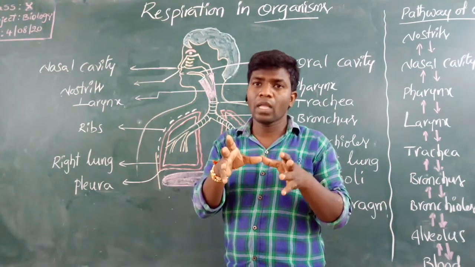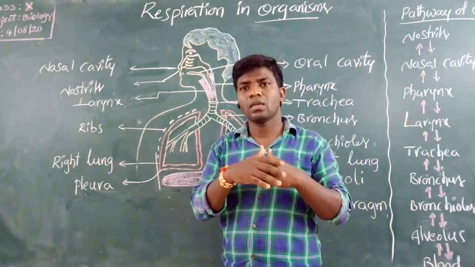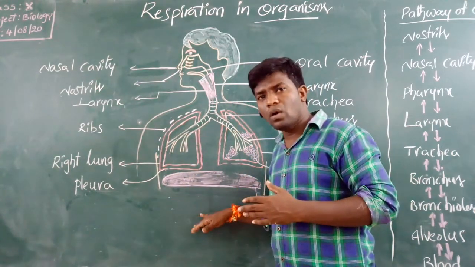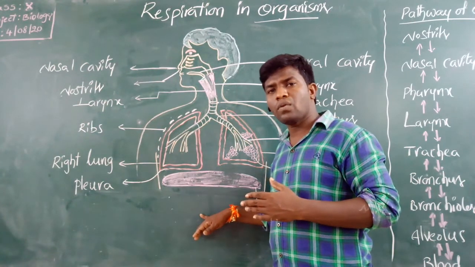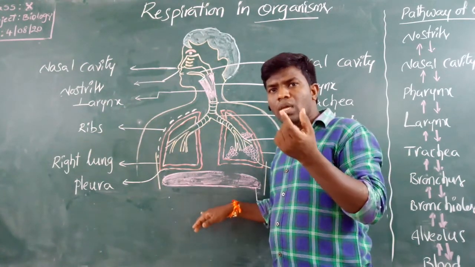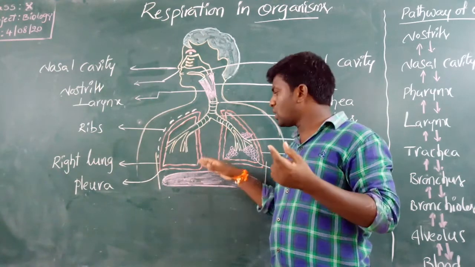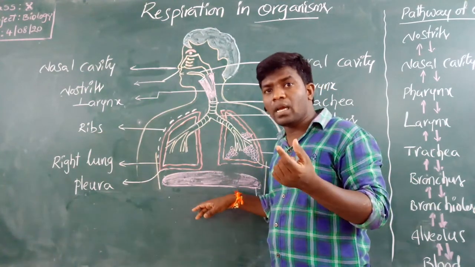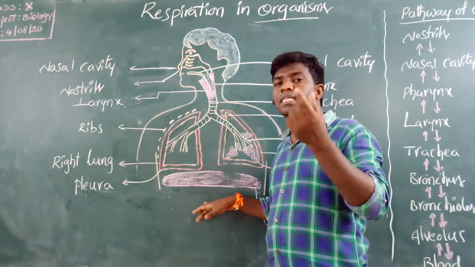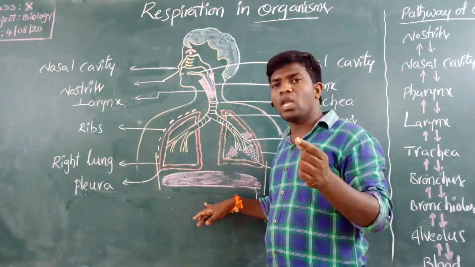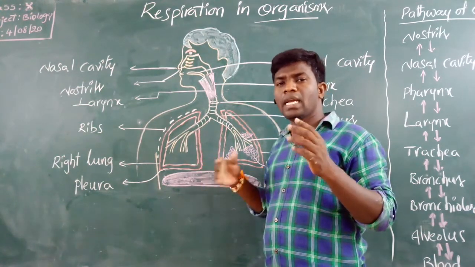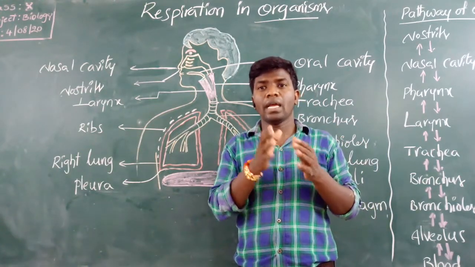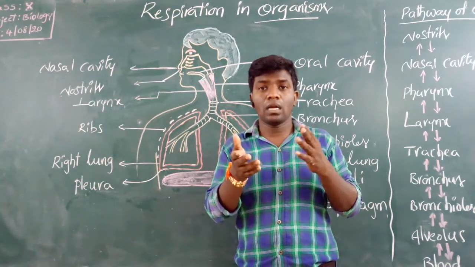At the same time, the diaphragm becomes flat and moves downwards. Have you understood? The diaphragm moves downwards due to contraction of the muscles. So this expansion of the rib cage increases the volume. As the volume of the chest cavity increases, the air pressure in it decreases. As a result, air is drawn into the lungs.